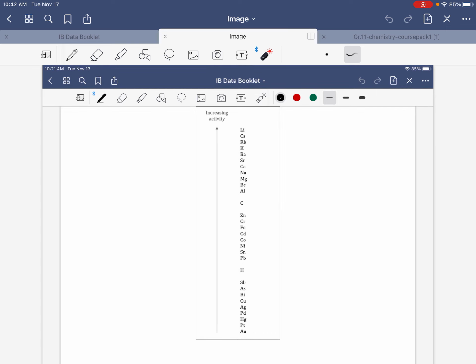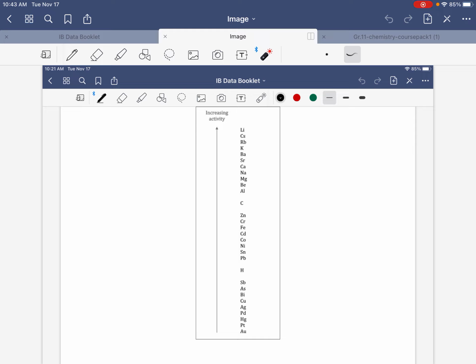I don't remember what section this is, but this is one of the sections where the activity series of metals is presented to you. Now how do you read this? It's very simple. The stuff on top is more reactive than the stuff at the bottom. Just think of it that way. Much more reactive goes on top.